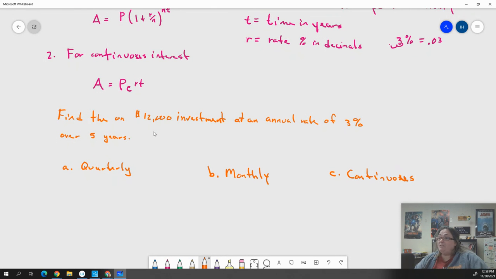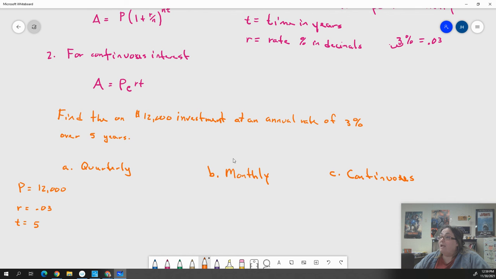So if we look at this quarterly, what we know is our P is our principal. That's $12,000, right? We're told that our rate is 3%, so our R equals 0.03. Our time, our T, well, it said 5 years, so our T is just 5.